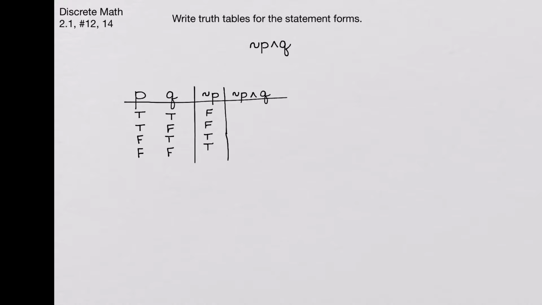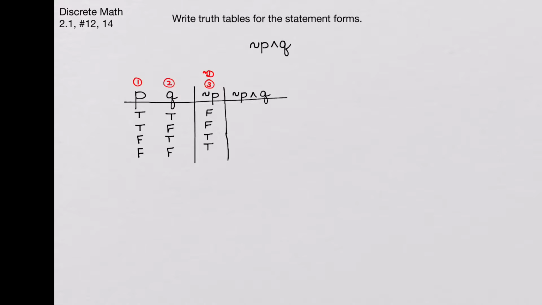Now what I'm doing, and I like to mark these, especially when people are doing these for the first time, makes it a little easier. I can label my columns 1, 2, and 3 of what I've done so far. And 3 was actually the negation of column 1, right? So that's how we got column 3.